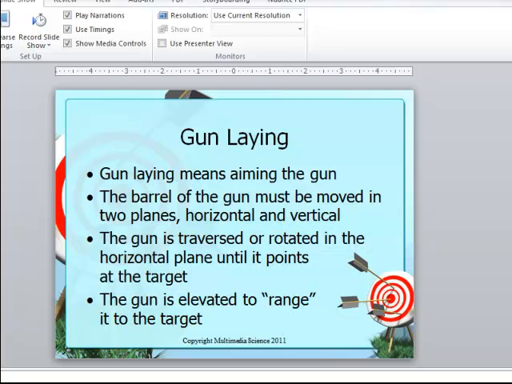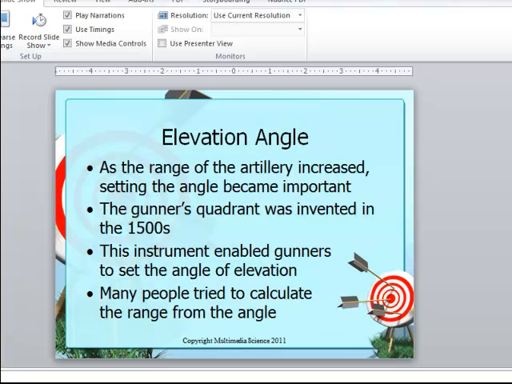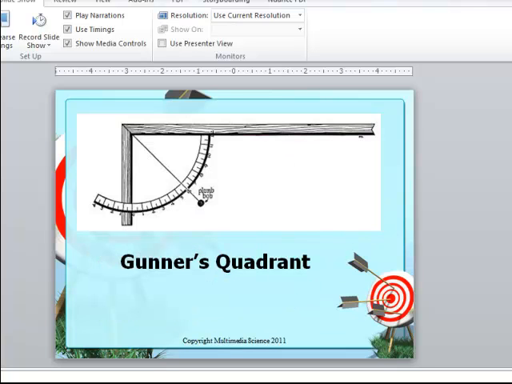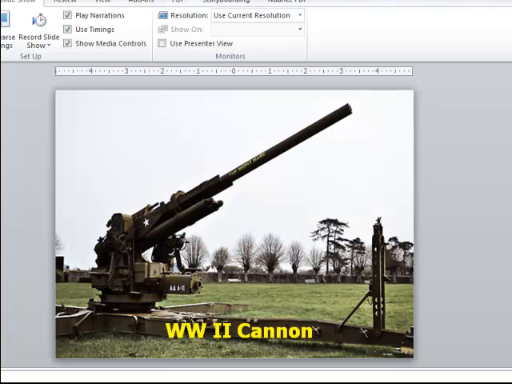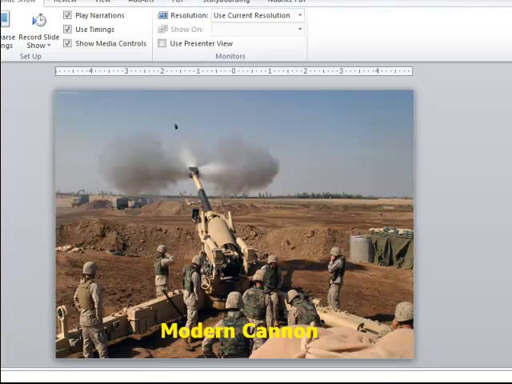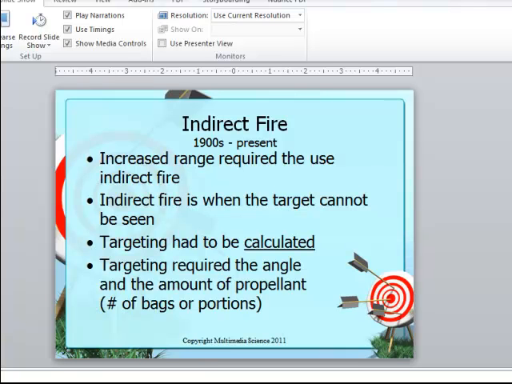It talks about gun laying, elevation angle, the use of a quadrant, how the range in artillery has changed from World War I, World War II, modern days, how from the Civil War, where if you couldn't see the enemy, you had a difficult time firing at them, to now where there's indirect fire, you're shooting such distances that you need spotters.